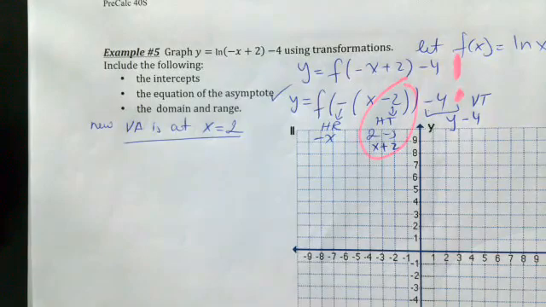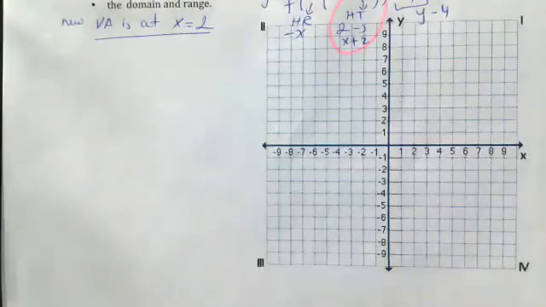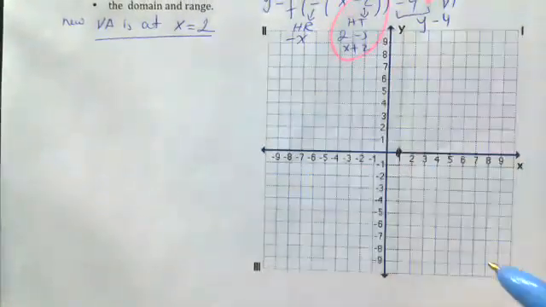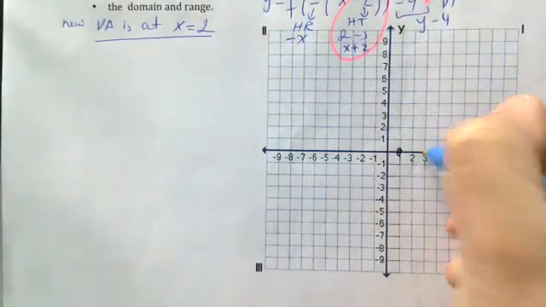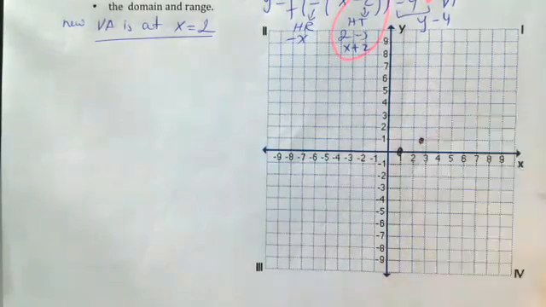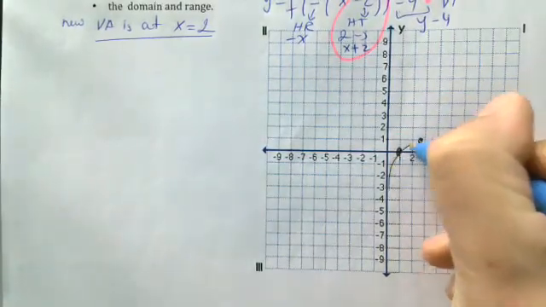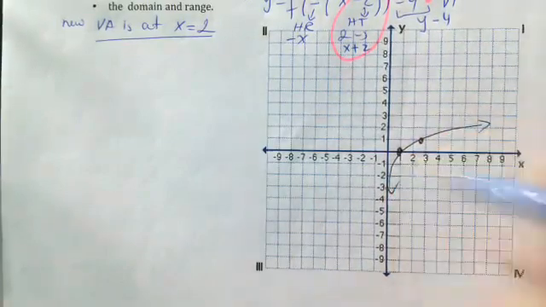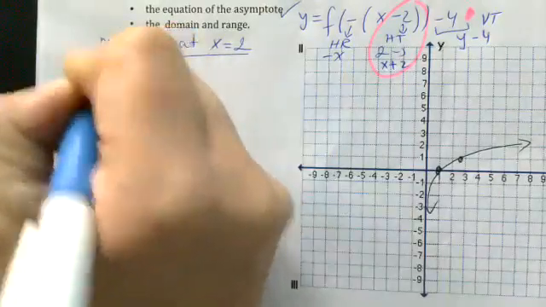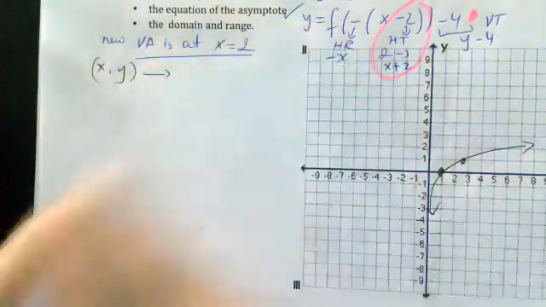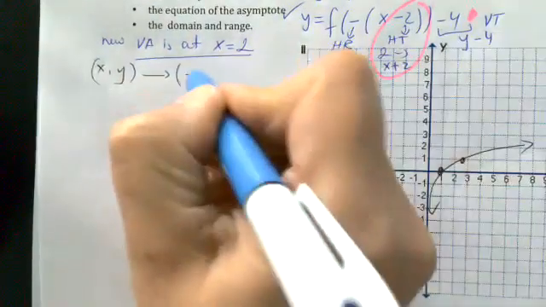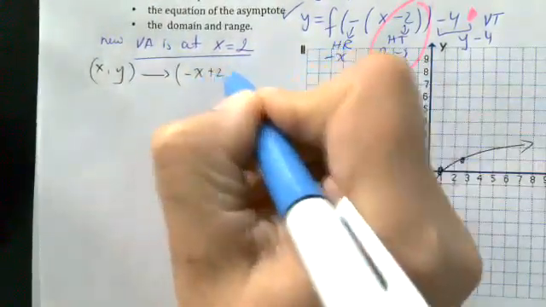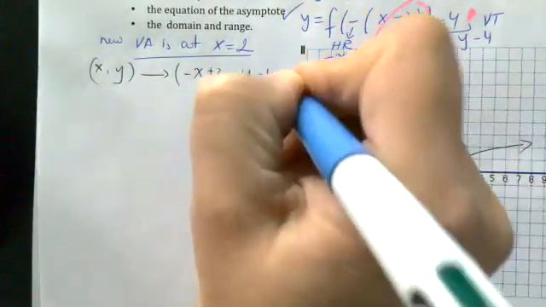Parent function for the natural logarithmic function. We remember it crosses at 1, and then it's going to be e, 1. e is approximately 2.7. Any point (x, y) on the original function f(x) becomes the point (negative x plus 2, y minus 4).